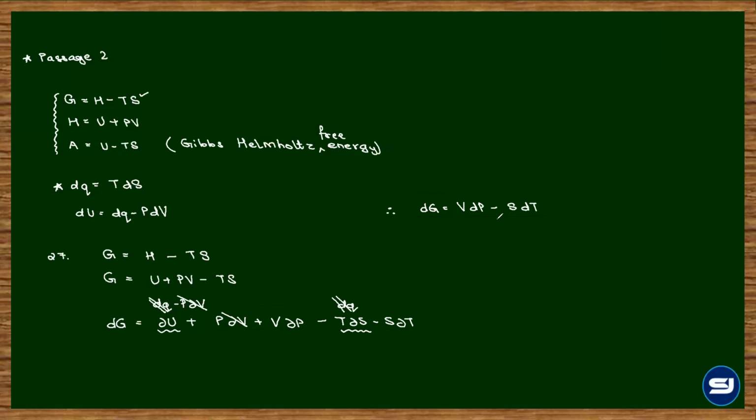Now if I take this at a constant temperature, what will happen? dT becomes 0, meaning this term will be gone. So at constant temperature, can I say dG equals VdP? Therefore, dG upon dP is equal to V at a constant temperature.